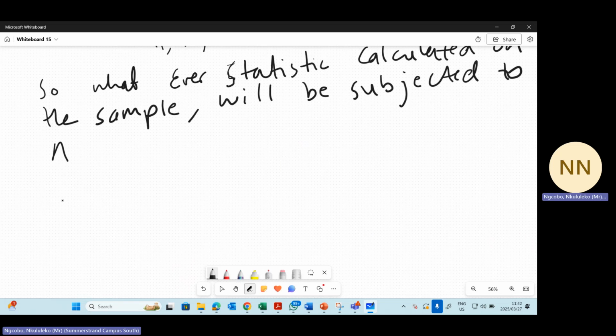For example, if you look at a statistic like the mean, x bar, this equals the summation of xi divided by n, right? It's subjected to n.